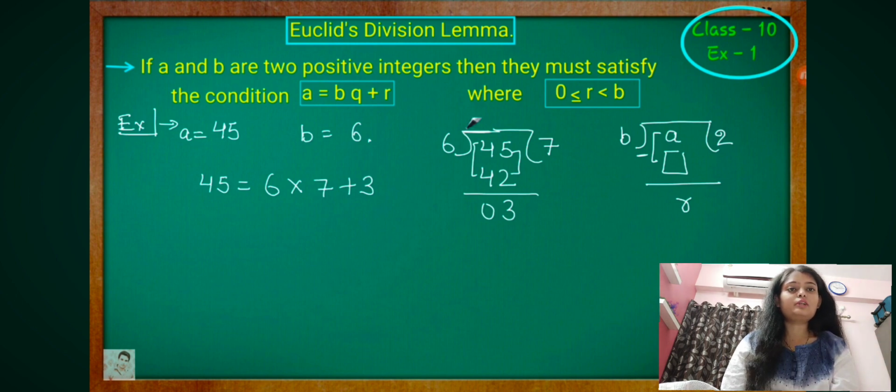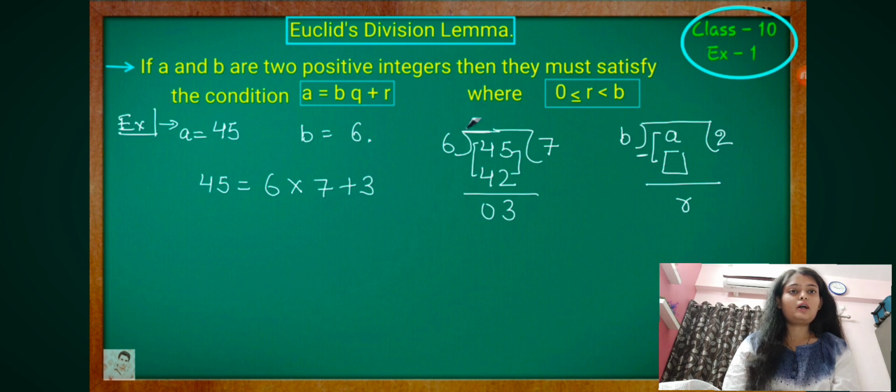Now you have to tell me what is a here, b, and q and r. So you can see by this sentence that 45 is equal to 6 multiplied by 7, plus 3. So 45 is the value of a here, and b is 6.